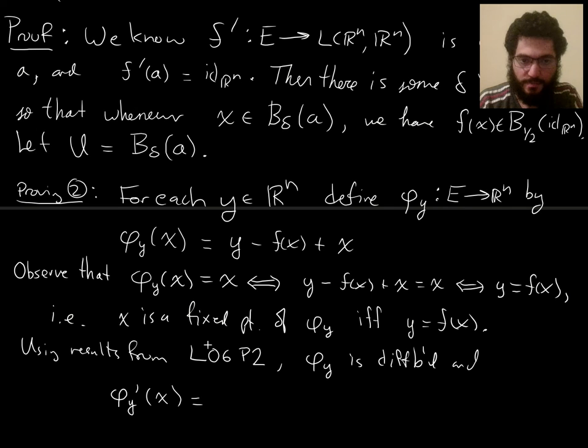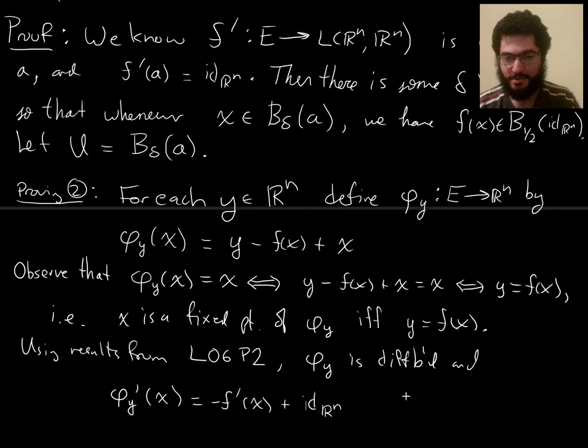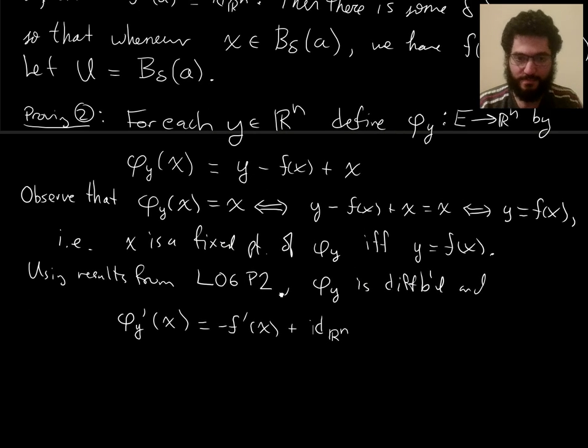Then the mapping x goes to negative f of x is going to have for its derivative negative the derivative of f at x, and the mapping x goes to x is the identity map, which has for its derivative the identity map. The identity map is a linear map, right? And a linear map is its own derivative.